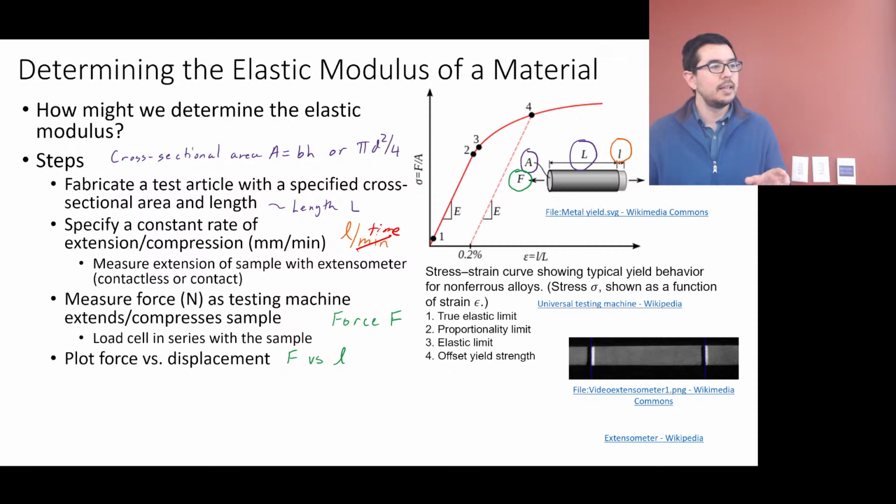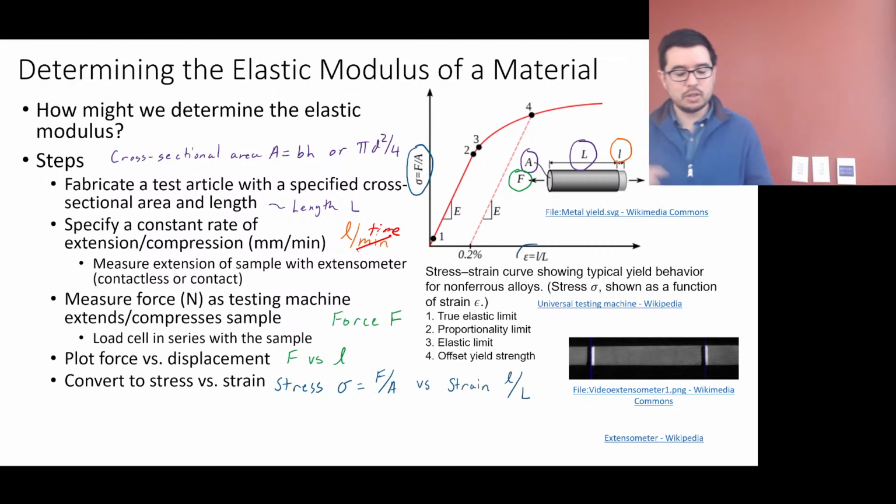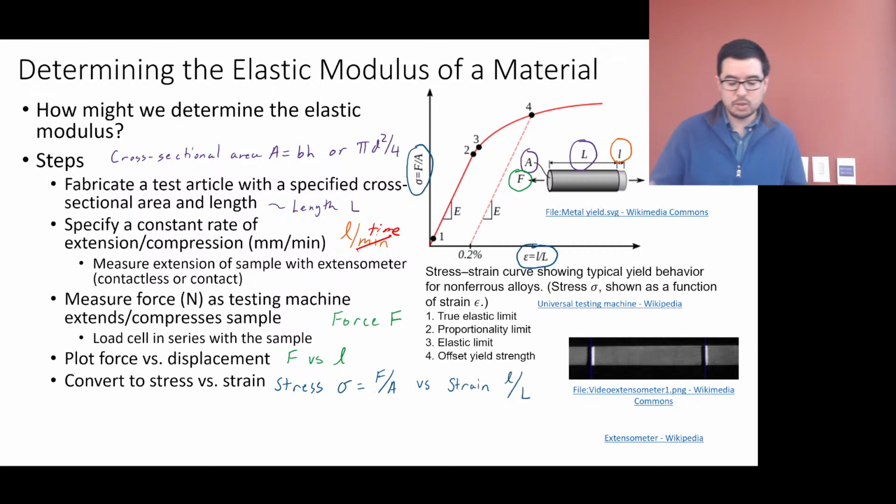Notice this is not a stress-strain curve yet. It is a force versus displacement curve. This is what the machine will be telling you, or your sensors. It's our responsibility to convert these forces to stresses and these displacements to strain. So sigma is equal to F over A, and strain is going to be the little L over the big L.